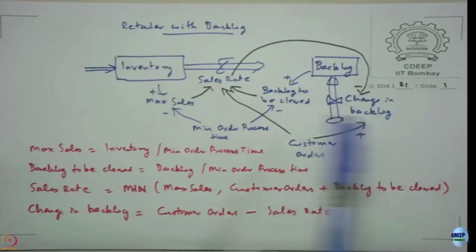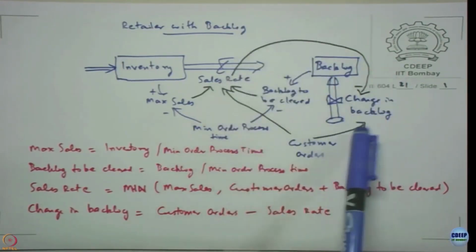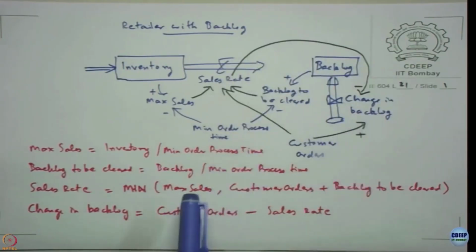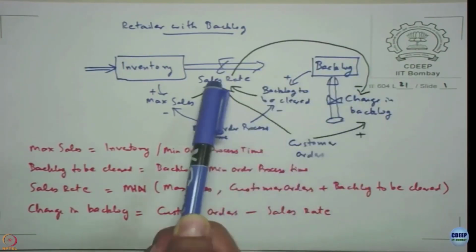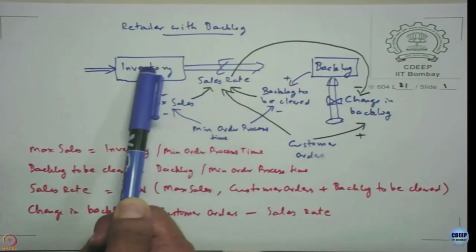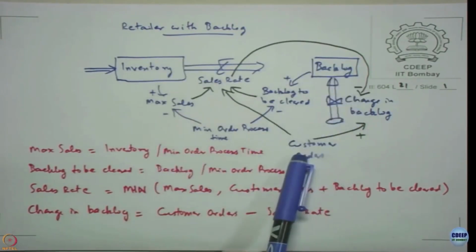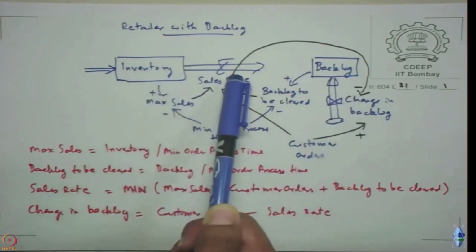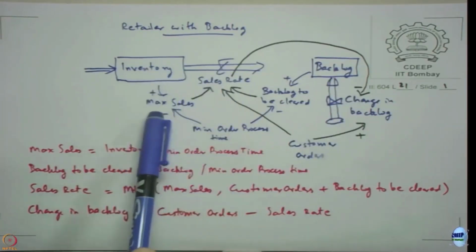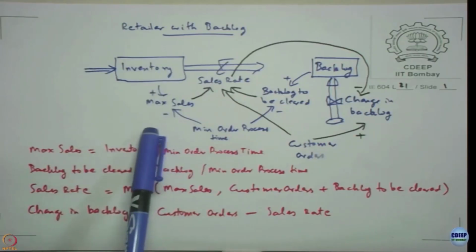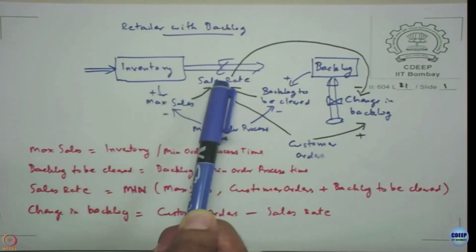So, I connected customer order and sales rate to it, and then we write the equation for that. Now, sales rate is minimum of inventory, backlog plus customer orders. But since I can't directly add inventory, I had to first convert it into max sales as per inventory and give it into the sales equation.